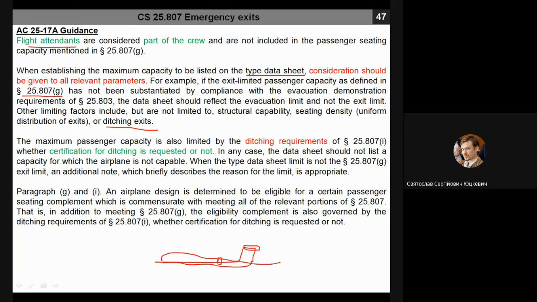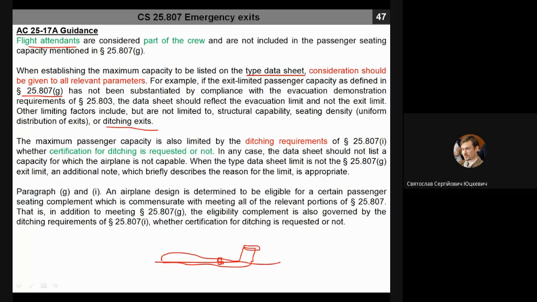So the decision for this case was to use some barrier that must be installed in the bottom part of the open hole of the emergency exit.